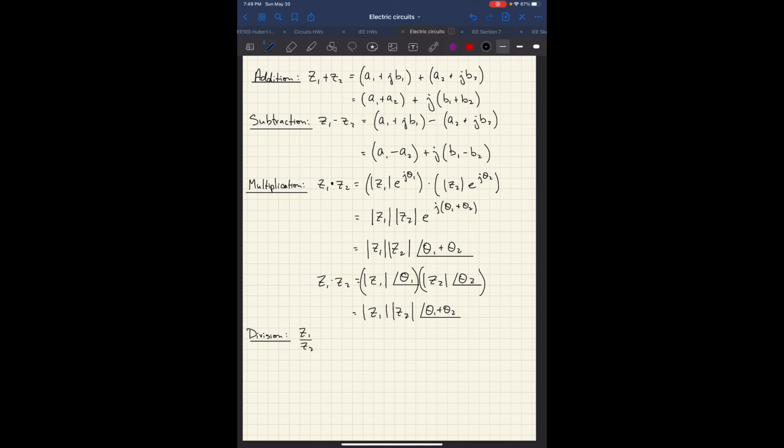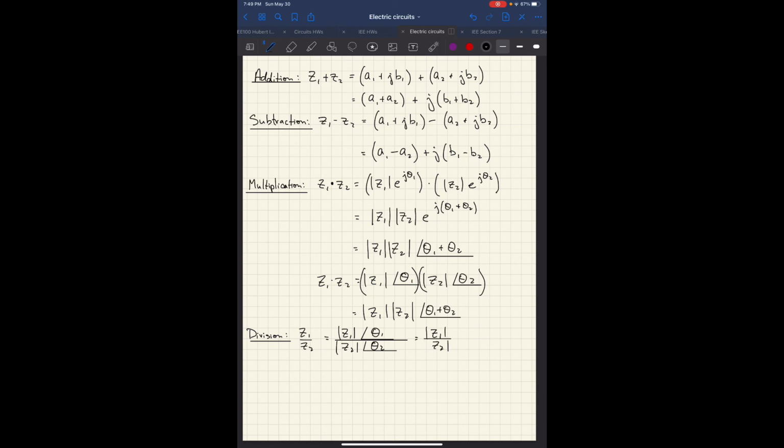So let's say we have z1 divided by z2. z1 magnitude angle theta 1, and I divide now by z2 angle theta 2. So the magnitudes are going to divide, just like we would expect.